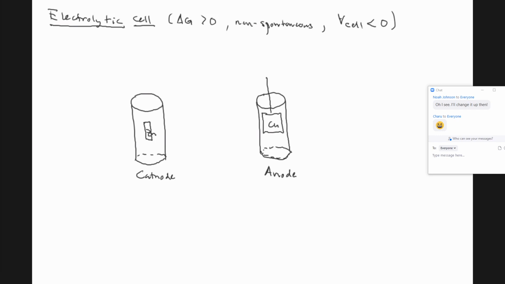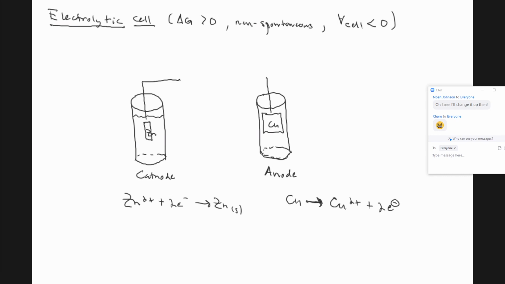So here we want the zinc ions that are in solution to gain those 2 electrons and become zinc metal. And on the anode side, we want that copper metal to dissolve and give off those 2 electrons.